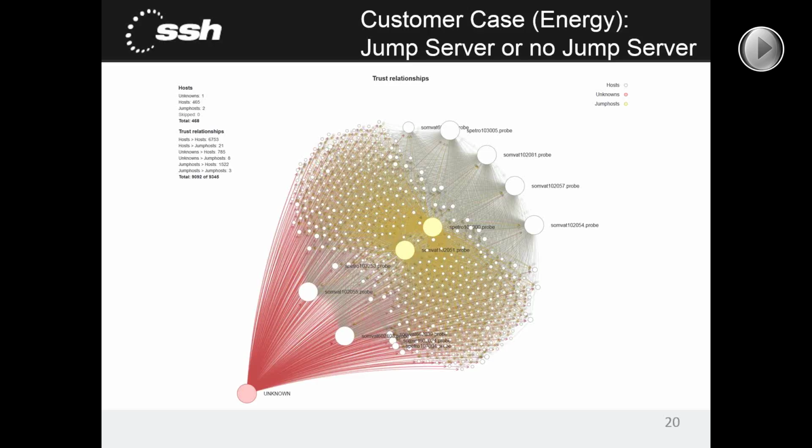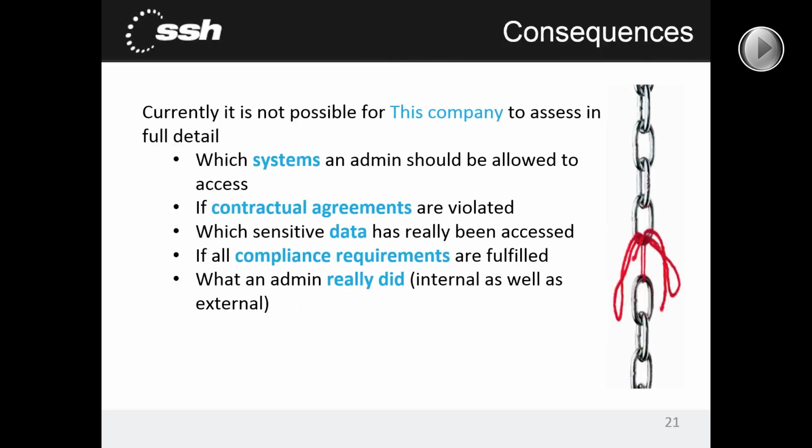So that means that there is some server circumventing that jump host, and it could be a machine-to-machine connection, but the risk is there. You don't know in this case. We'll have to do additional work or scan additional servers in order to determine that. So I like this diagram because it shows the complexity, but also shows that the jump host scenario can be circumvented, and it's something that we need to look at very carefully.